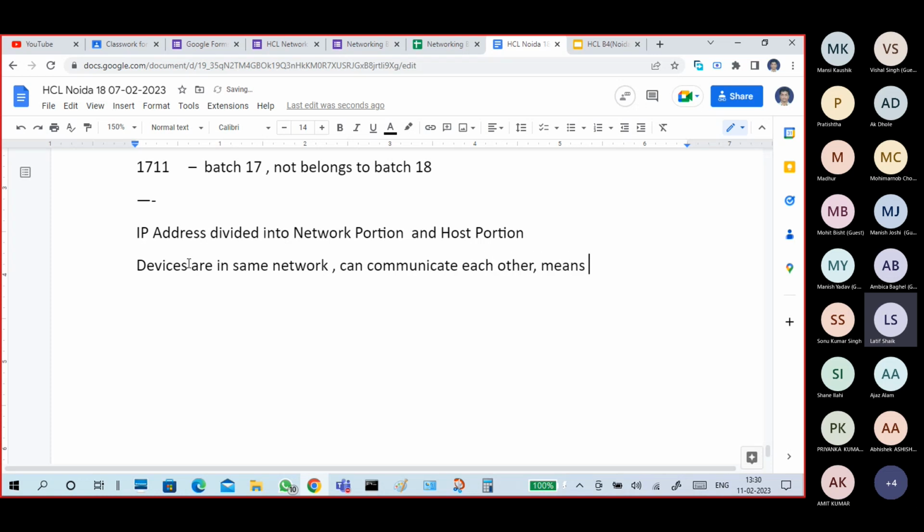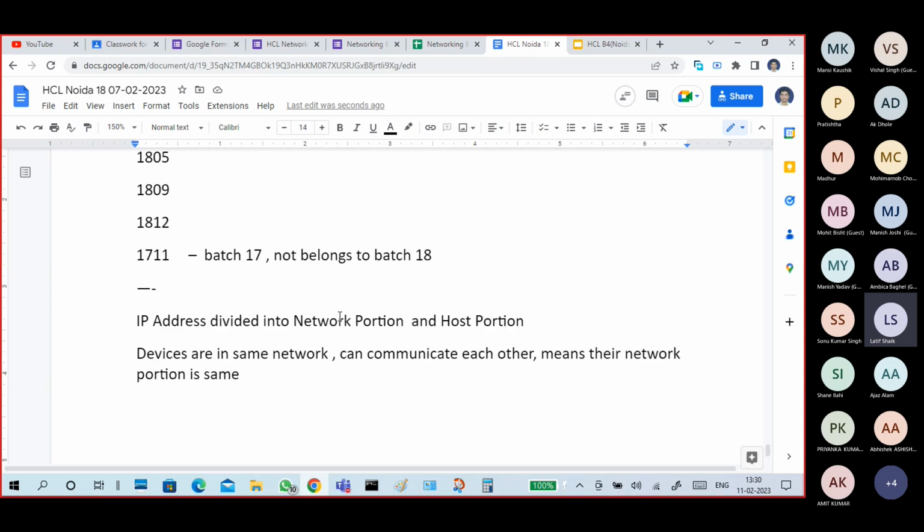It means their network portion is the same. The network portion must be the same, and the host portion is different.